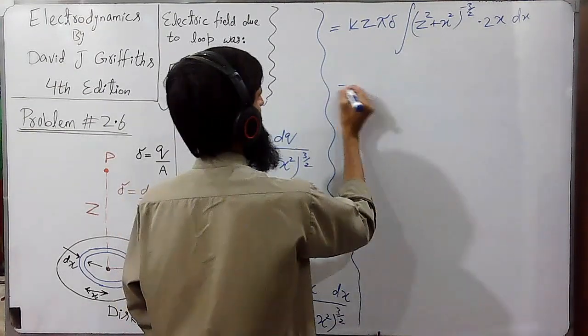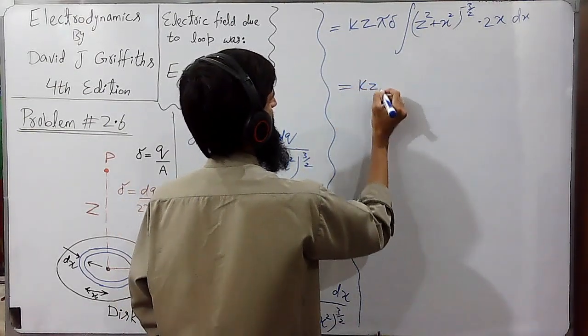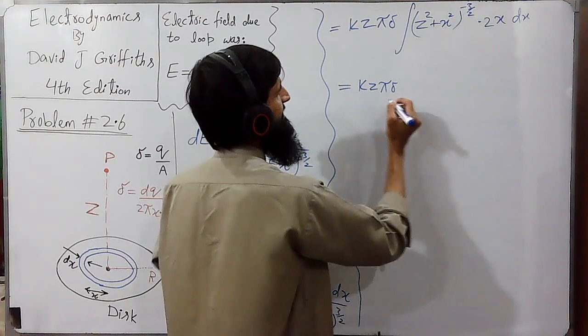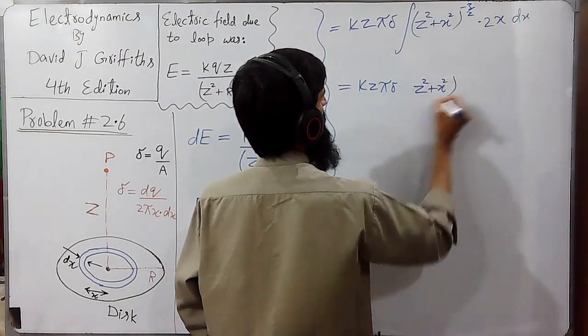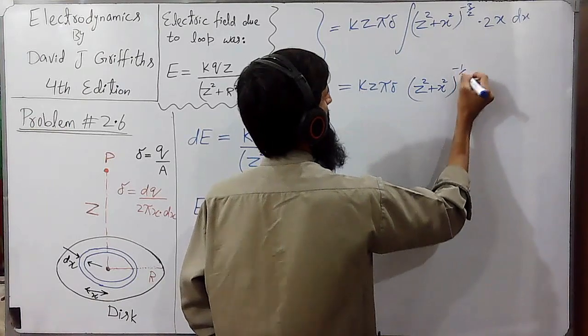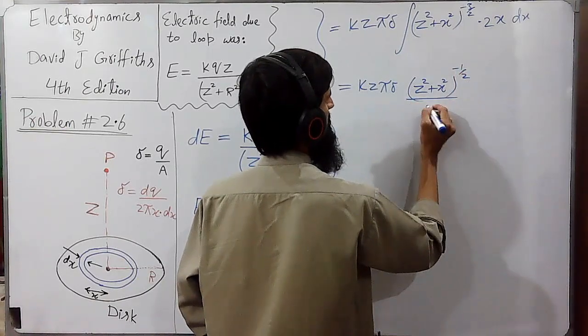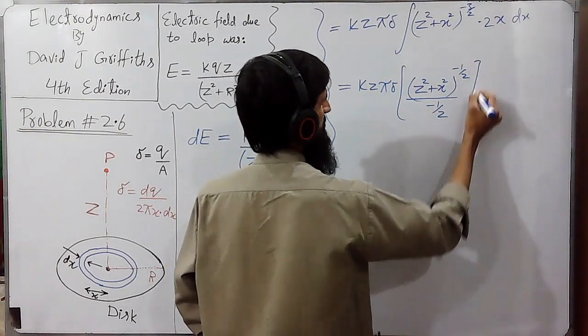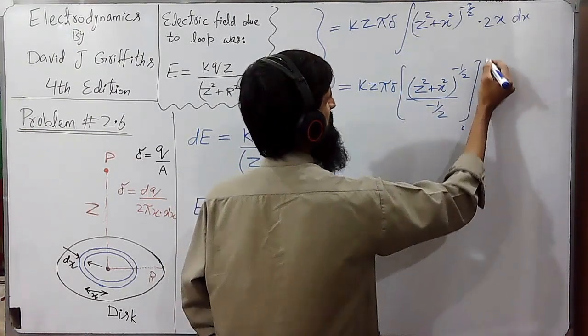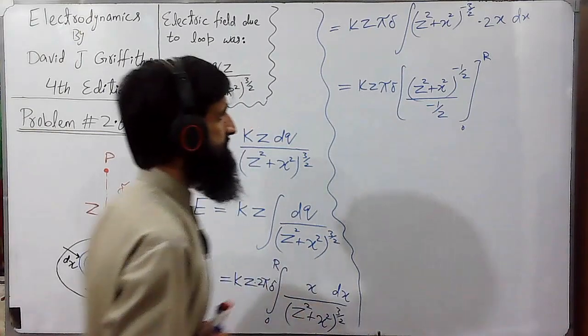Now it's easy to integrate it. Its integration becomes (z square plus x square) whole power minus 1 by 2 over minus 1 by 2, and the limits of integration are 0 to r.